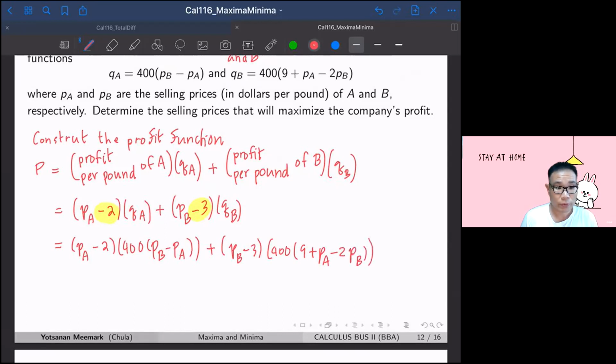Okay, so this will be your function, in variables PA and PB. So we'd like to maximize this.